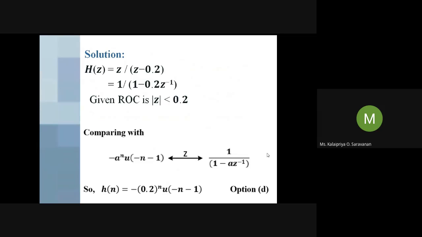We have a set of a few basic functions for which the Z transform is already known. You need not calculate these things, you can just refer to those formulas and sort out the answer like this.